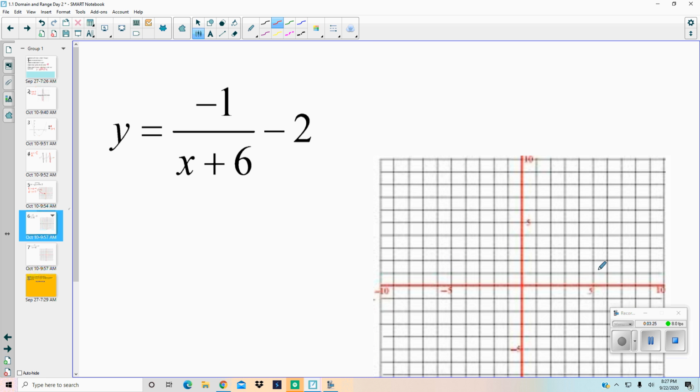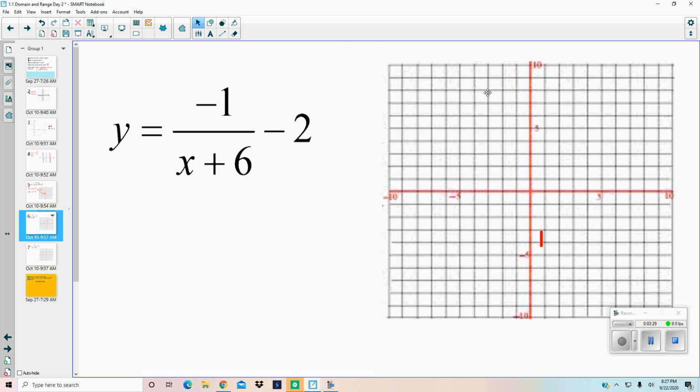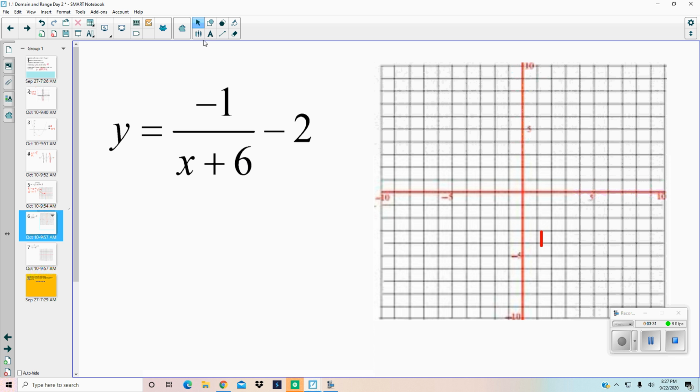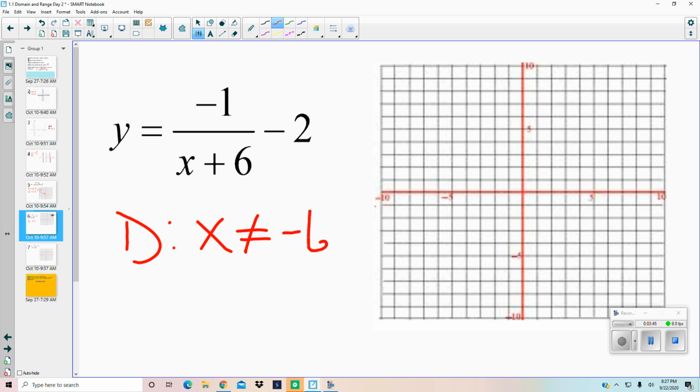Here's a hyperbola. So a hyperbola is when you have a domain that's restricted. You can see that x can't be -6.